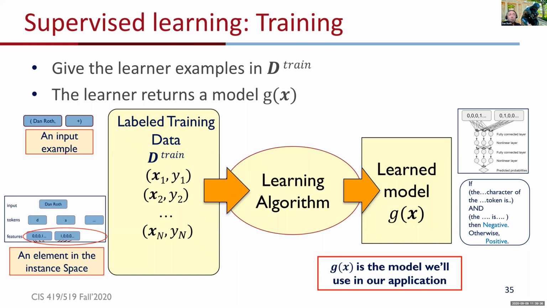And maybe conjoin this with multiple rules. And if something else happens, then say it's negative. So again, there's a range of functions of this type, and my algorithm considers these. So the collection of all functions my algorithm considers is going to be called my hypothesis space.